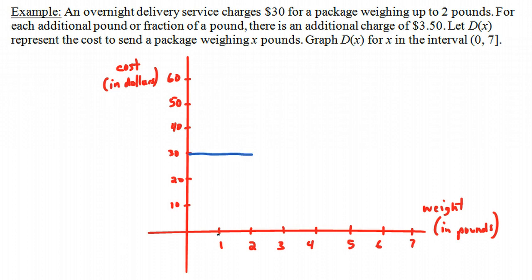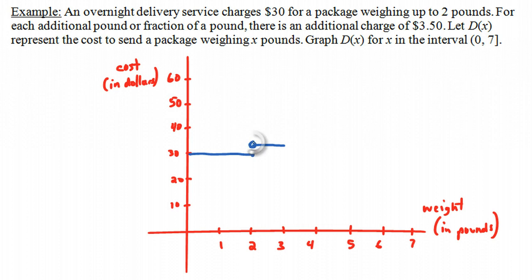So if it weighs 1 pound or 1.7 pounds, it's going to be $30. Now, for each additional pound or fraction of a pound, it's going to cost an additional $3.50. So anything between 2 and 3 pounds is going to cost $33.50. Now if it's 2 pounds exactly, it's just going to cost $30.